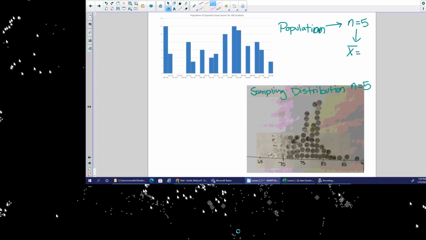And you can see these averages range. We've got a low value here of, let's say it's 67. So a low value of 67, a maximum of 88.